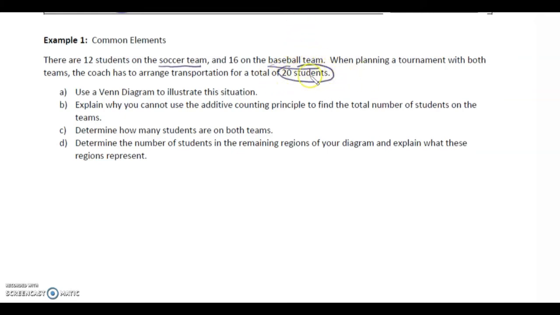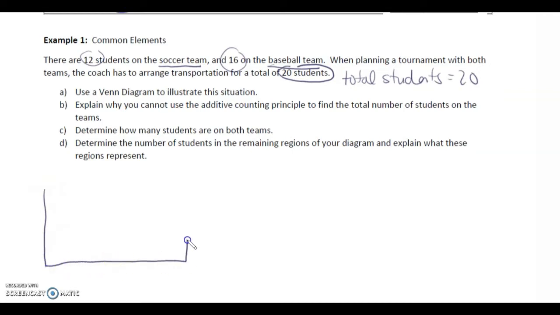So what this 20 means is that the total students is 20. So 12 play soccer, 16 play baseball, but if you add those together, you might be thinking, well, this doesn't add up to 20, so what's the difference? Let's make a Venn diagram to see what the overlap would be.